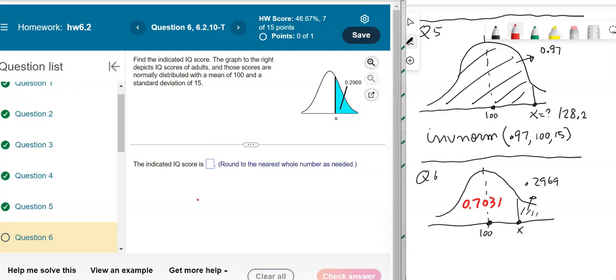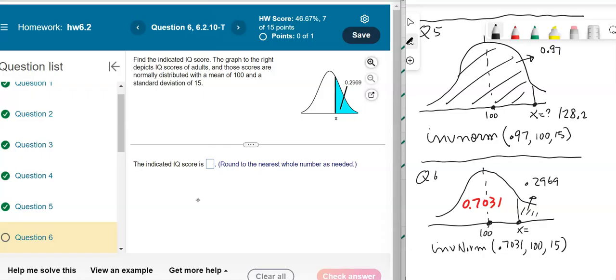So you have to enter this area. In other words, you have to say inverse norm 0.7031, 100, 15. That will give you the x value.